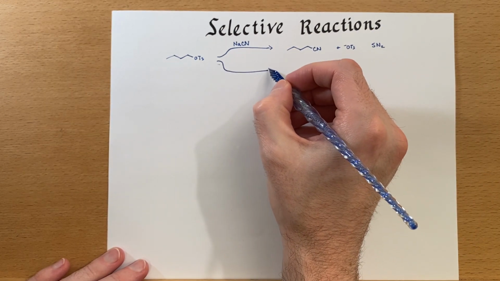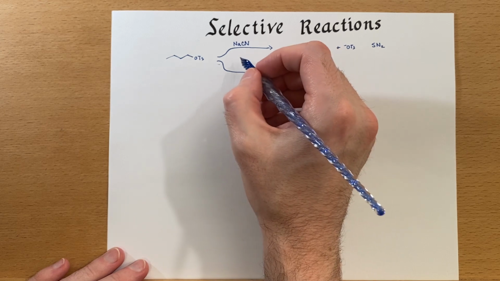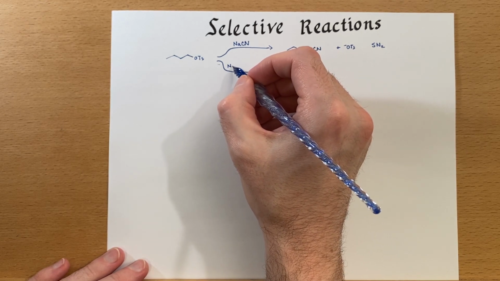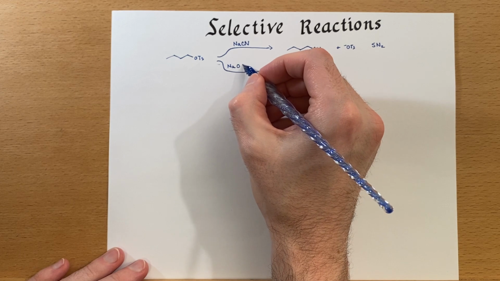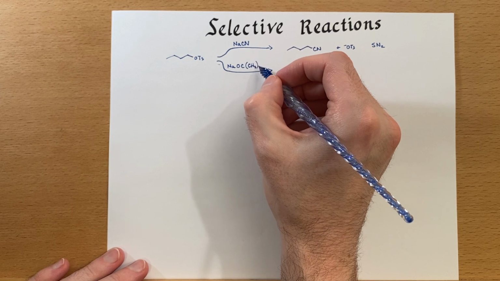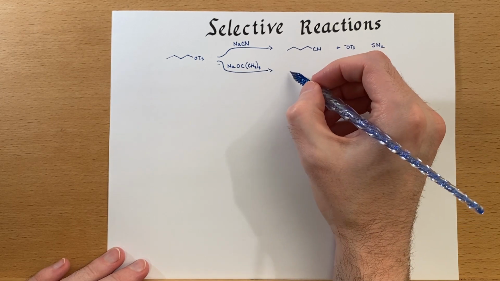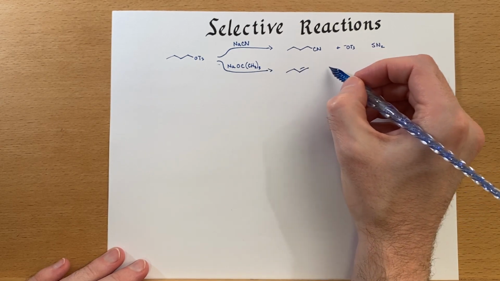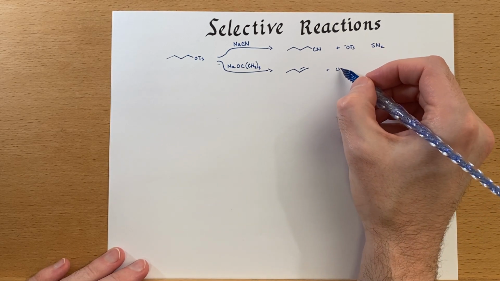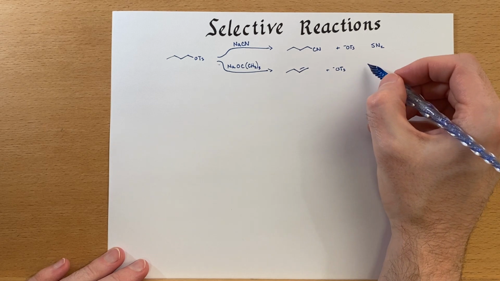Alternatively, we could select for an elimination reaction using different reagents, like sodium t-butoxide. And now we've selected for E2, plus the other reagents, leaving group and the alcohol.